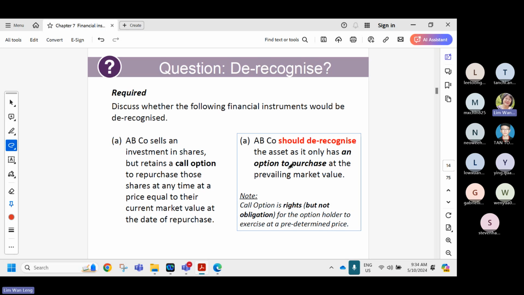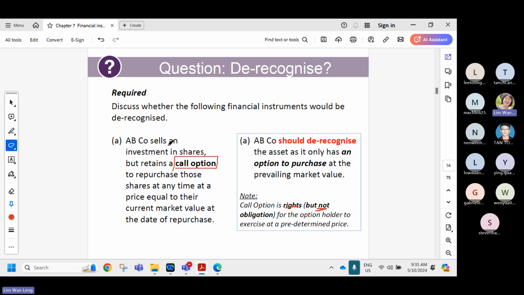Now this is a simple illustration to see whether the financial instrument should be derecognized or not. And of course, here we will have this definition of call option. Call option means what? It is a right, but not an obligation, for the holder to exercise at a predetermined price.